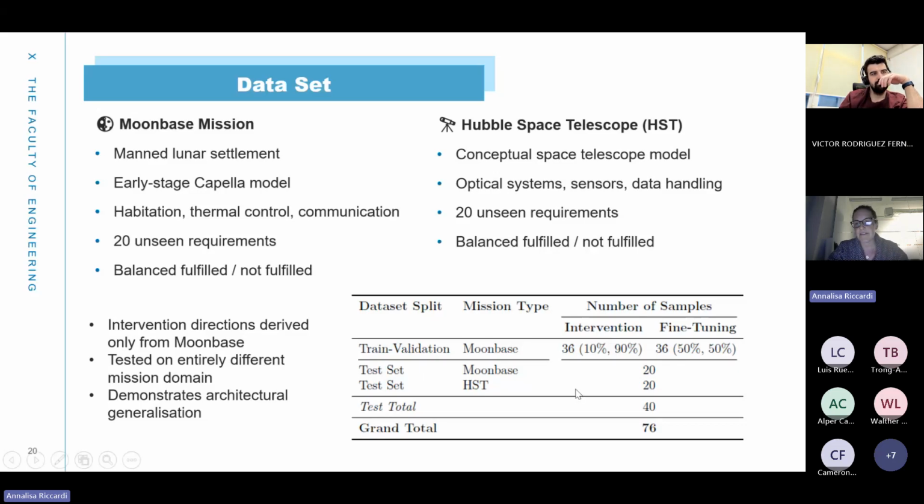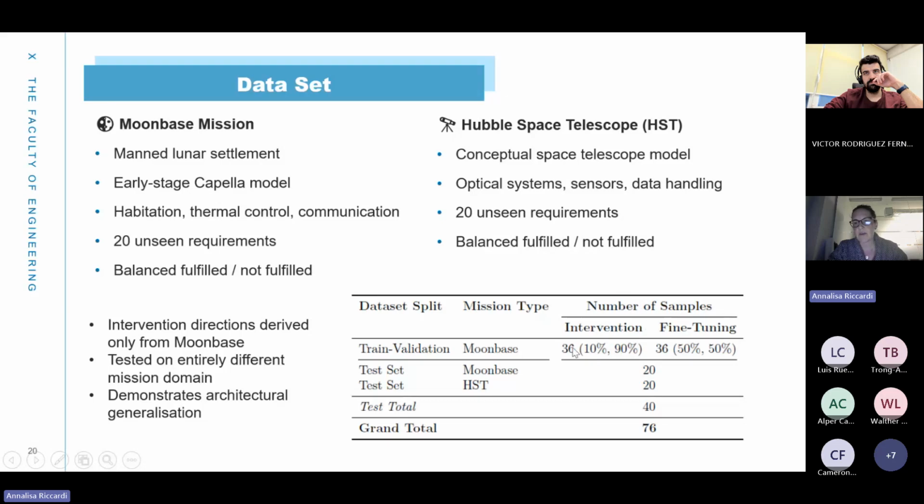They have a total of 76 requirements that we have either created or filtered to have a balanced dataset of requirements that are fulfilled and not fulfilled in both missions. We keep 20 for each mission as unseen requirements. So we use the remaining 36 for our intervention, so understanding which heads are the most important.